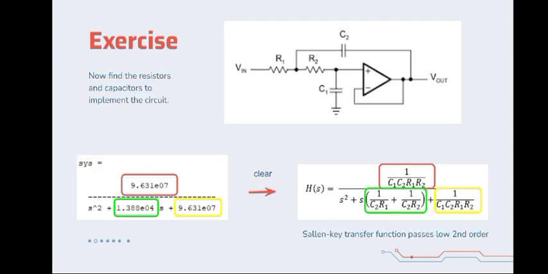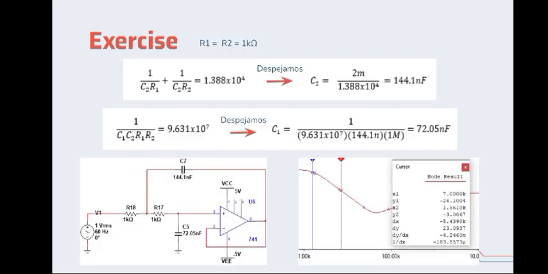Now we can find the resistors and capacitors to implement the circuit, which is the second order Sallen-Key transfer function. We can match the values we were given to solve for the capacitors in this way, knowing that resistors 1 and 2 are going to be 1 kilo ohm.